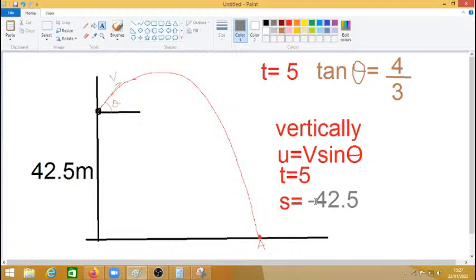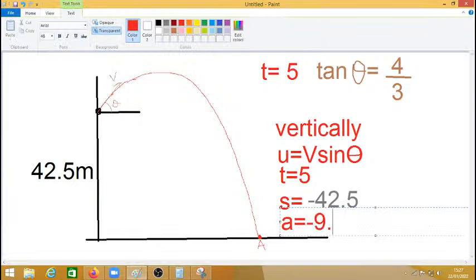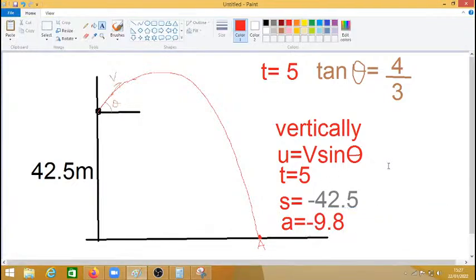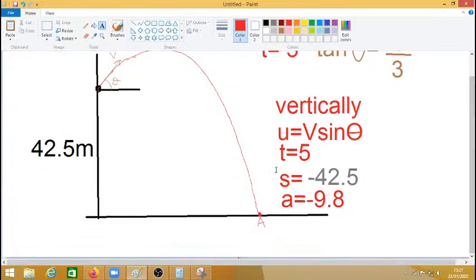It's minus 42.5 for the displacement when it gets to point A. Okay, what else do we know? We know, as usual, acceleration vertically is always going to be minus 9.8, and that should be enough to be able to then work this out. So let's choose a formula that's going to give us what we want. Let's go with S equals ut plus half at squared.